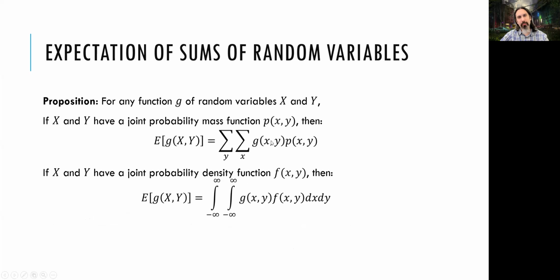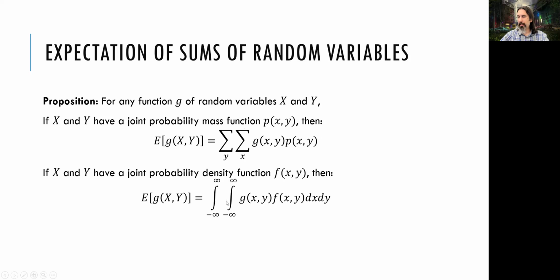For one variable, for example 2x plus 5, we could have done the calculations to calculate the expected value, but with two random variables and with a joint density or joint mass function, we can do this the same way. So we have a function of x and y together, times the joint PMF of x and y, or the function of x and y together times the joint PDF of x and y.